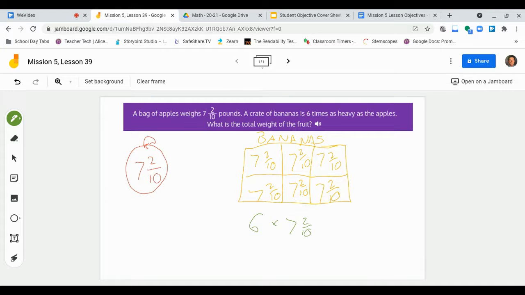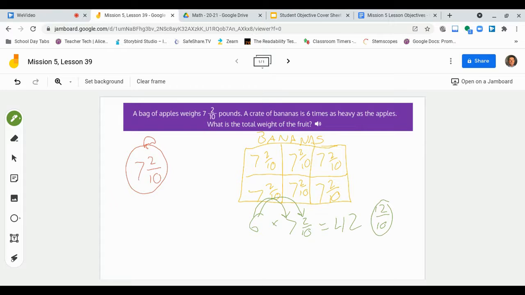Okay. Now, as I recall from when I multiply a whole number times a mixed number, I go 6 times 7, and I know 6 times 7 is 7, 14, 21, double that, 42. And now I do 6 times 2/10, and 6 times 2/10 is 12/10, because 6 times 2 is 12. Now, I also see here that I have 12/10.